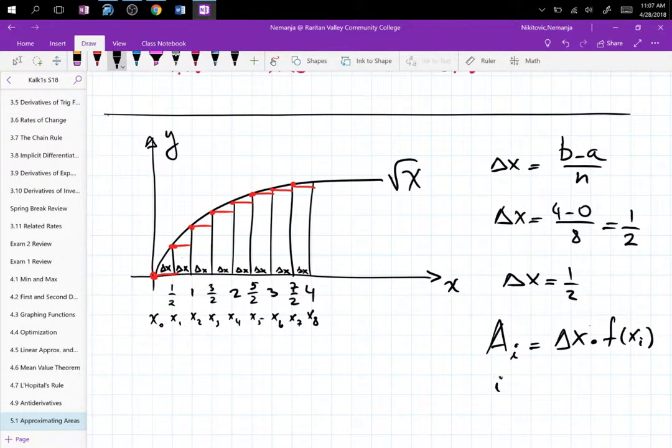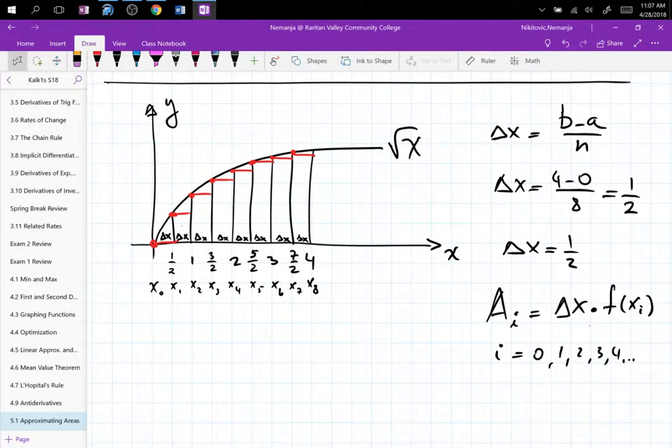Now this i is a counter. Those of you into programming and computer science and so on, you know very well what i is. It counts 0, 1, 2, 3, 4, 5. So I get to approximate the area by using the left-hand sums.